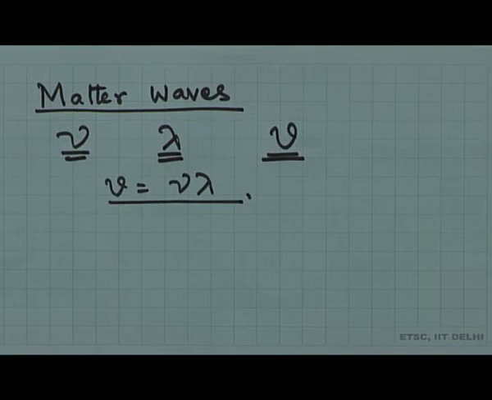However, it is not as simple as it seems, because these are not ordinary frequencies and ordinary wavelengths as for the usual waves, but frequencies and wavelengths inferred from two other physical quantities.